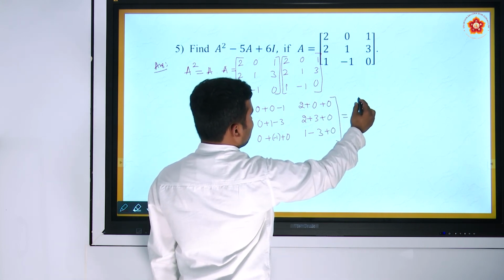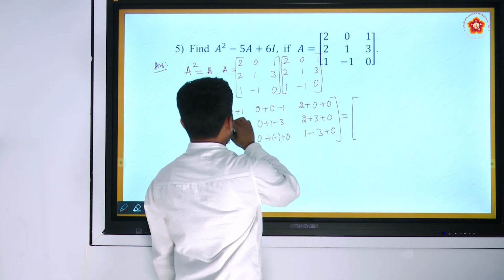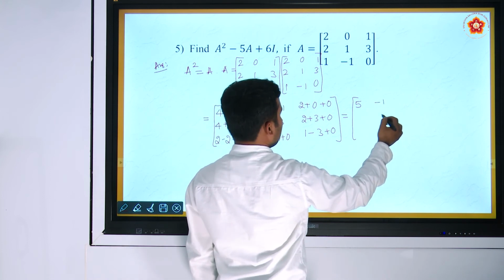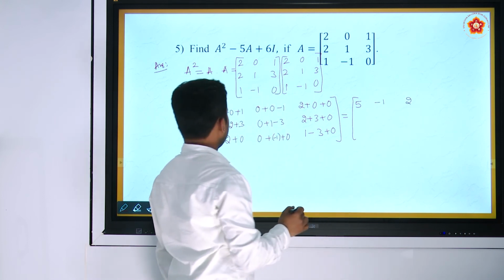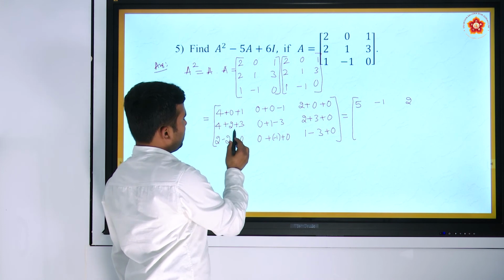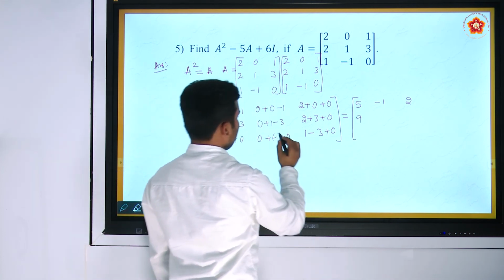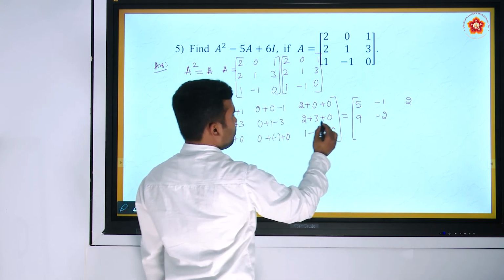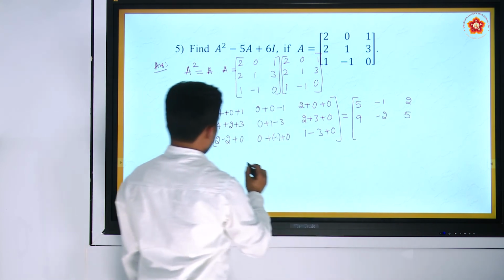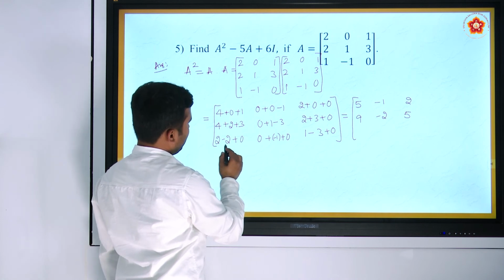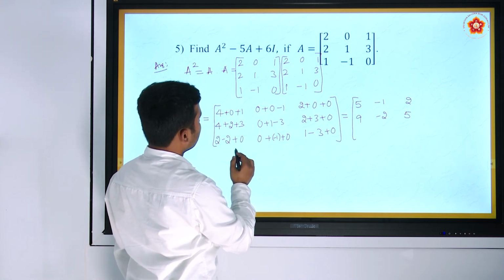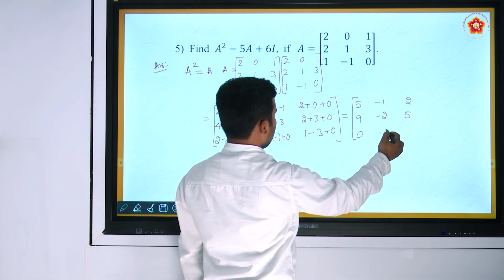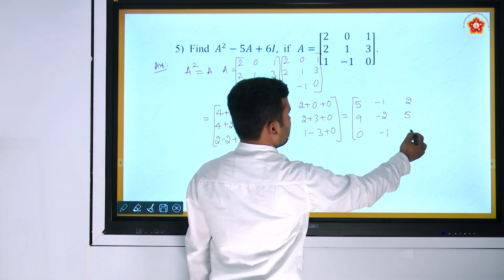So the product matrix is 4 plus 1 is 5, minus 1, 2, 6 plus 3, 1 minus 3, 2 plus 3, 2 minus 2, minus 1, minus 2.